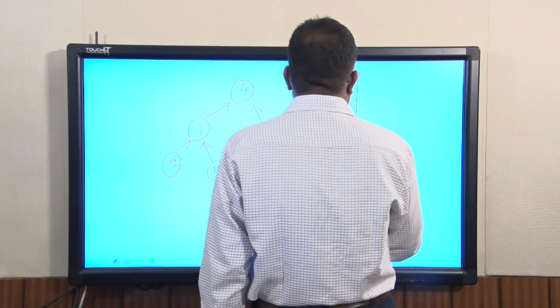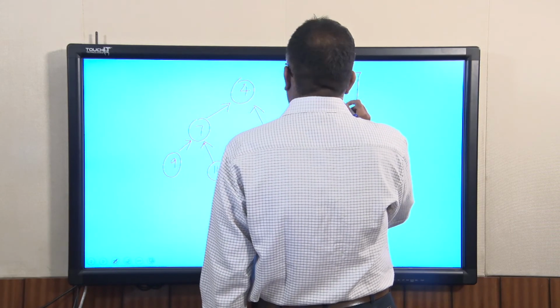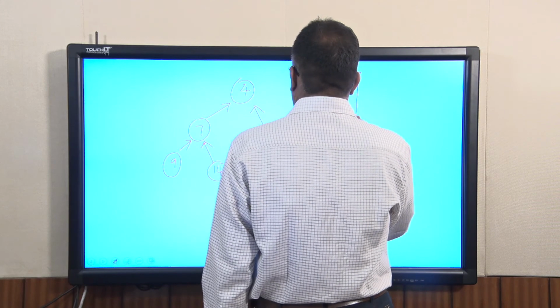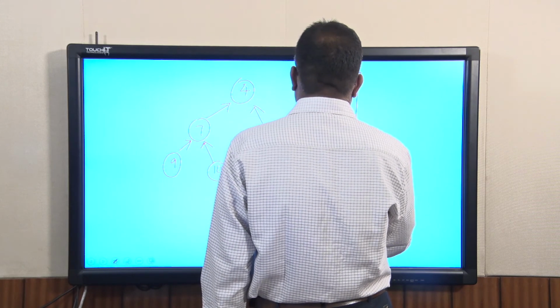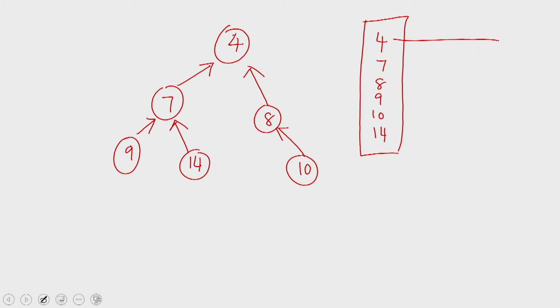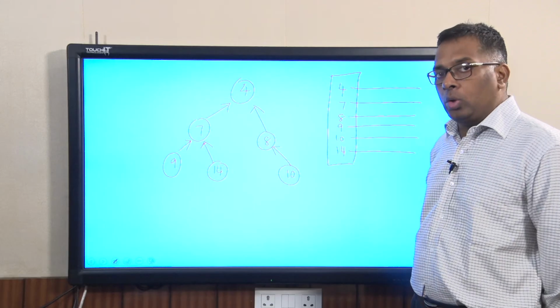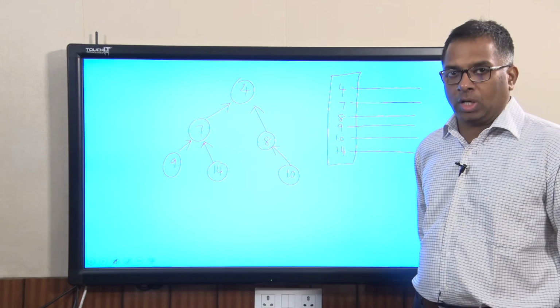So, in the adjacency list representation, we have these adjacency lists corresponding to 4, 7, 8, 9, 10, 14. Now, all these vertices have joined together to form a single tree. What this means is that we have already identified that all of them belong to the same connected component, and they are all going to fuse together into one single supervertex.